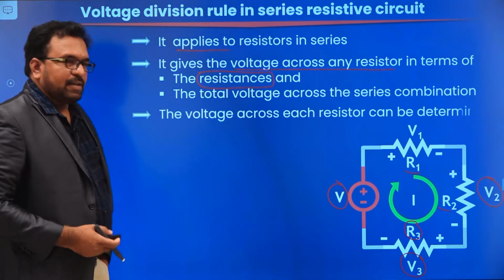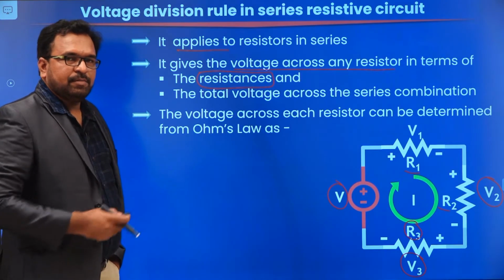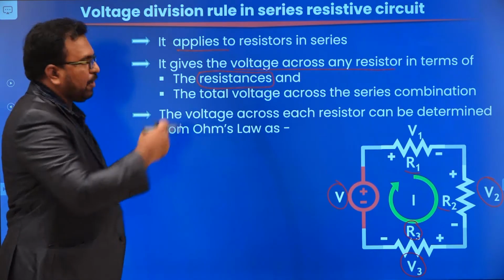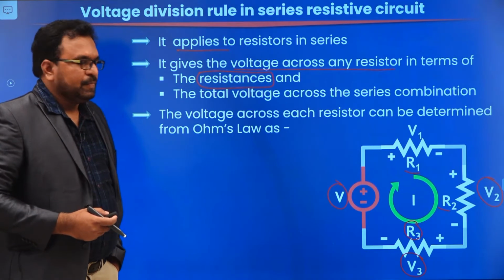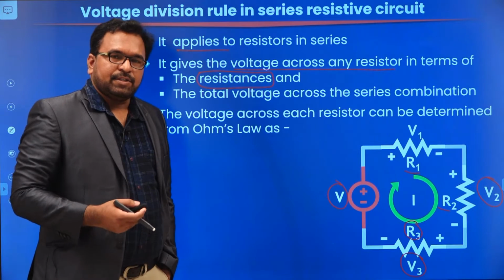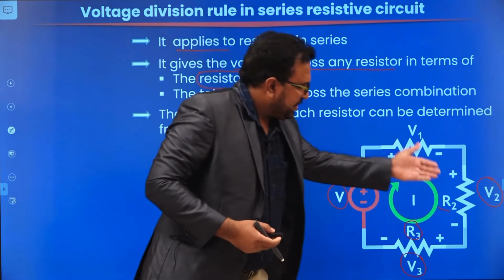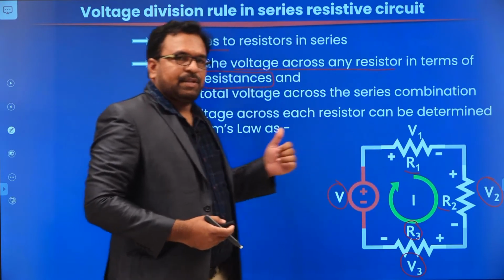For the voltage across each resistor, first let us apply the known rules, then we will finally formulate the voltage division rule. What are the laws we know? Ohm's law and Kirchhoff's laws, KCL and KVL. The voltage across each resistor can be calculated using Ohm's law.